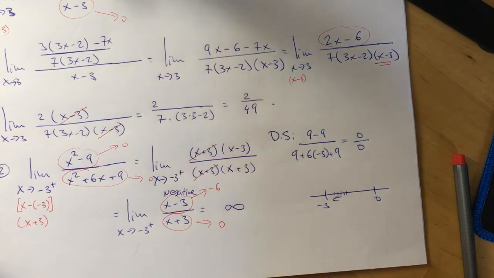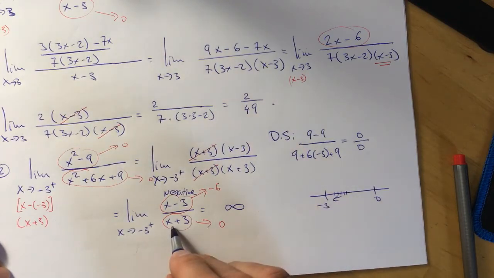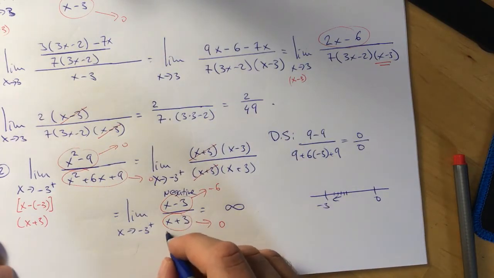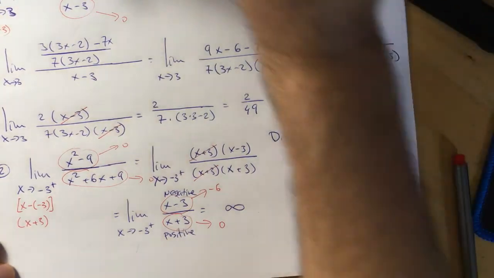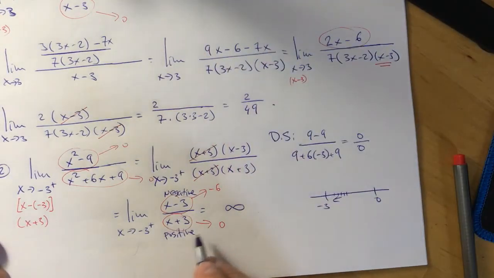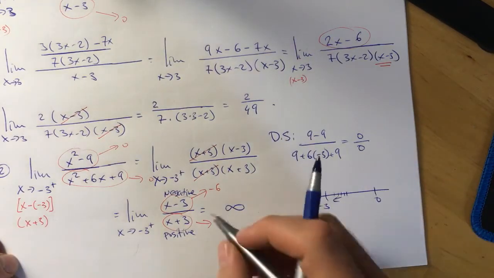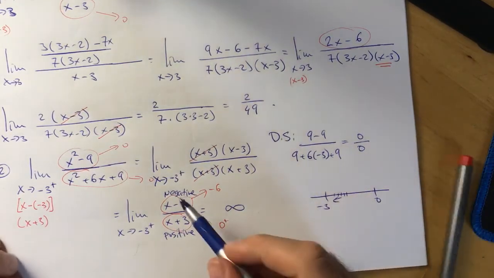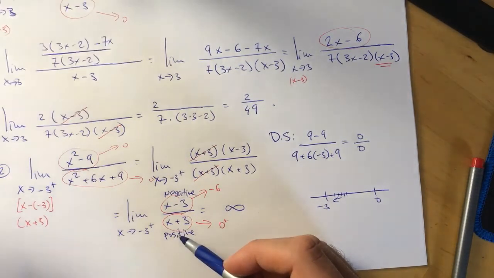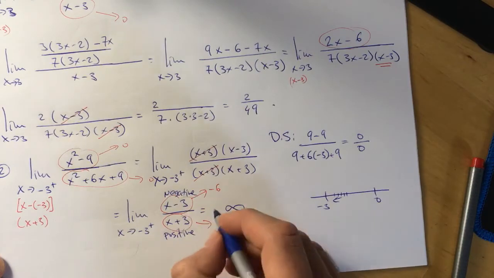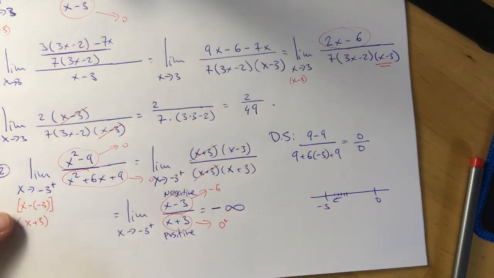You can test it if you want, but any number greater than -3, plus 3, is going to give you a positive number close to 0, but positive. So this approaches 0 from the right. The numerator is negative, the denominator is positive. Negative divided by positive gives you negative infinity.